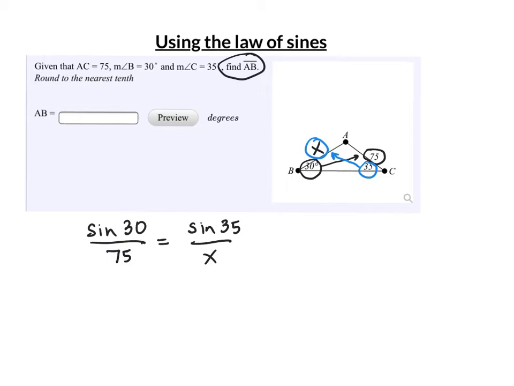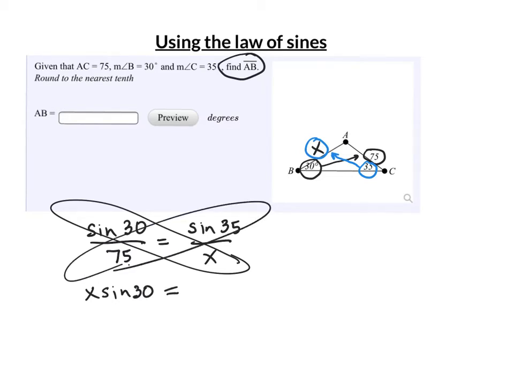So let's cross multiply and solve. We'll cross multiply: x sine 30 equals 75 sine 35. We're solving for x, and there's times right there, so we'll divide by the sine of 30.